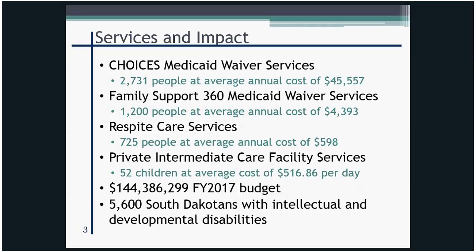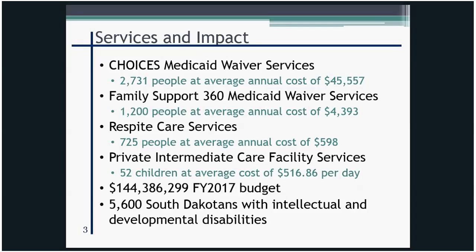As I mentioned, we contract with the 19 community support providers, and we have administrative rules under Article 4611 that govern the provision of services under all of the programs that I'm talking about, including the Choices Waiver Program.